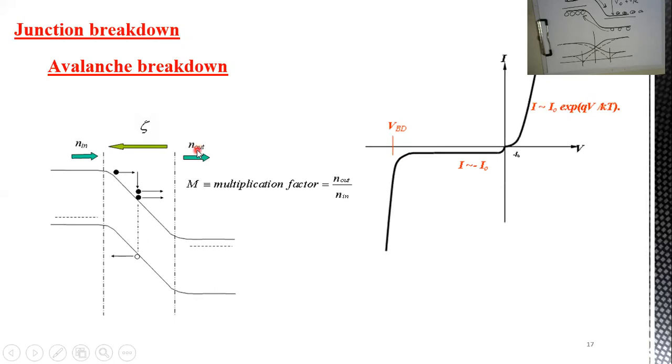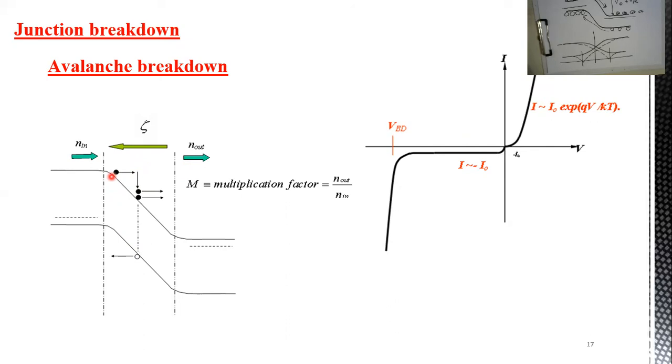Another reason for what we call breakdown is what's called the avalanche breakdown. Of course, whenever you increase the reverse voltage, that means that you have a higher electrical field in the depletion region. So with a higher electrical field, if you remember, velocity is mobility times electrical field. The mobility is constant.